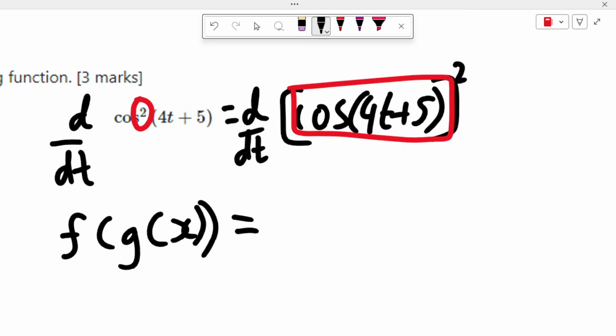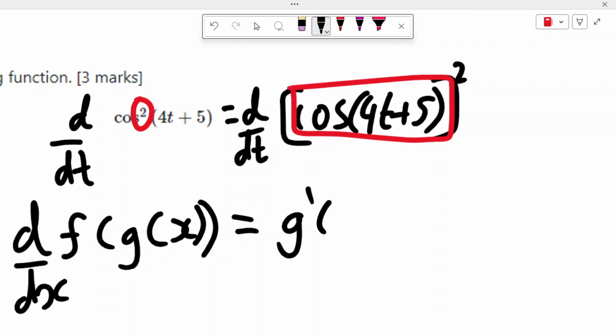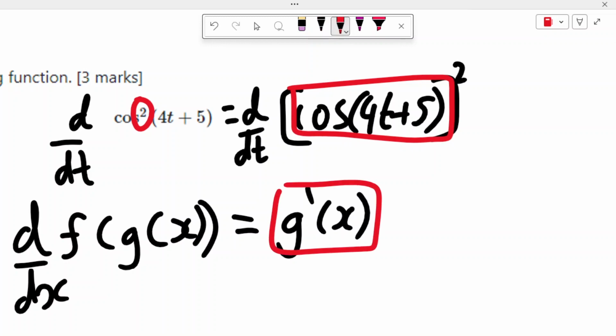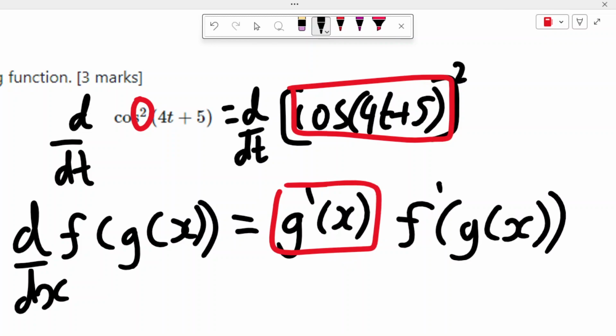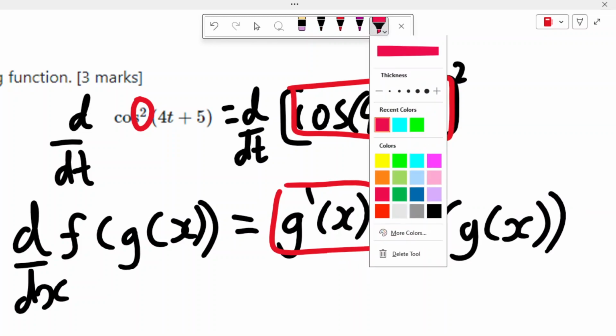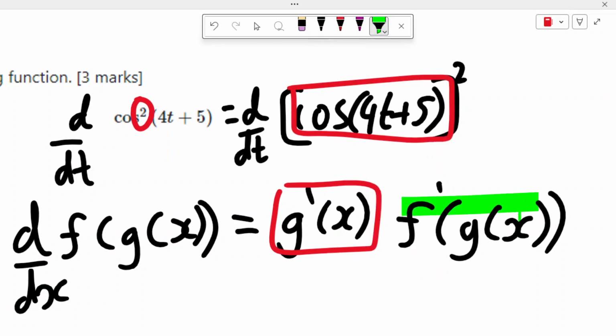If we differentiate this, then we get g of x, as in the stuff in the middle. This is our stuff in the red, by the way. That gets differentiated, and then we differentiate just the outside one, which I'm going to put in the green.